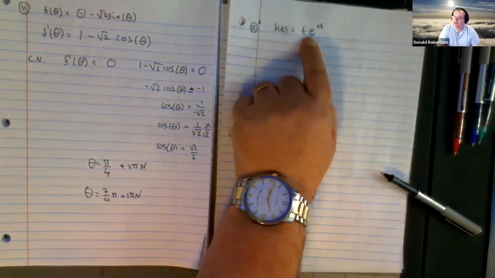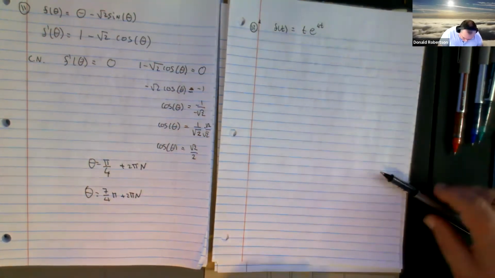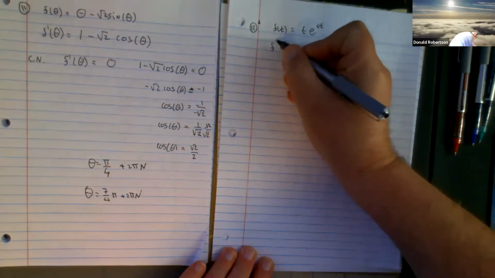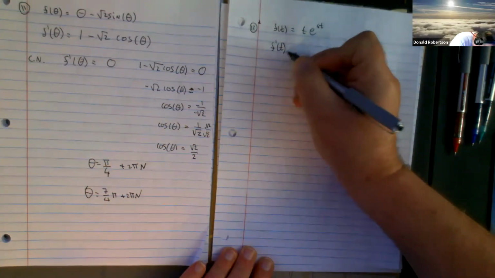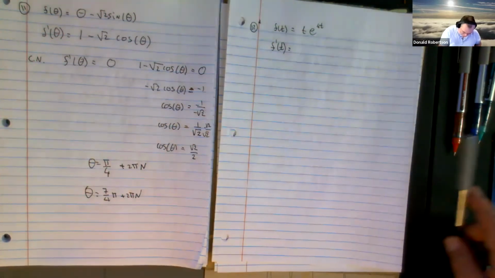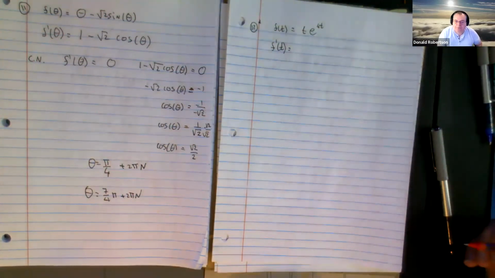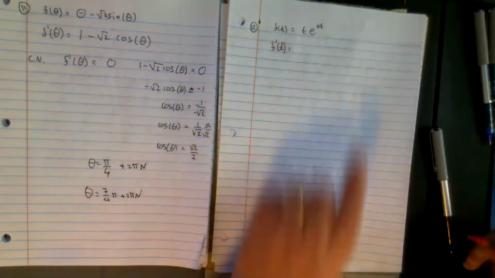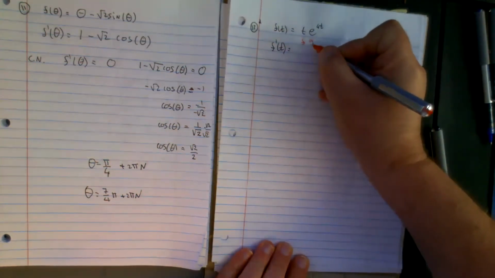This, however, is not one of them. What method would you use to differentiate this function? And don't overthink it. Product rule? Yeah, just a product rule.